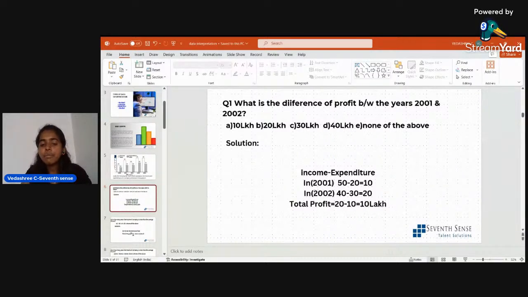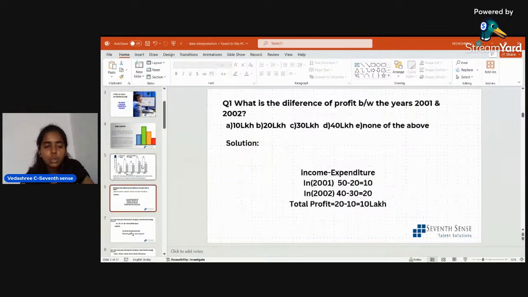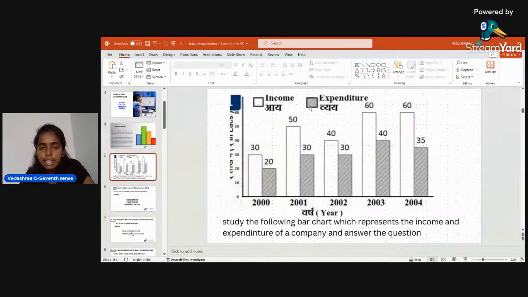In 2001, the income given is 50 and the expenditure is 30. In 2002, the income is 40 and the expenditure is 30.